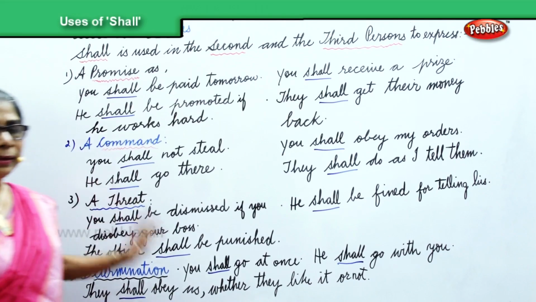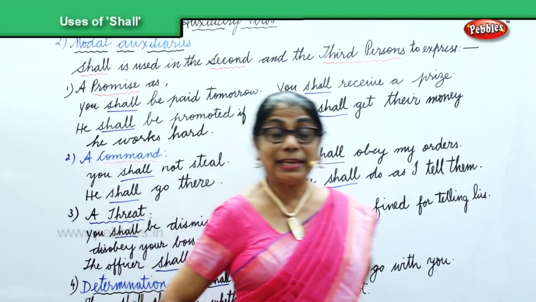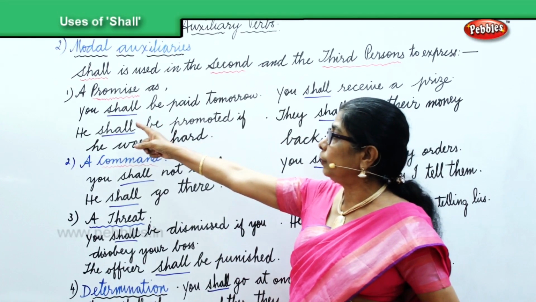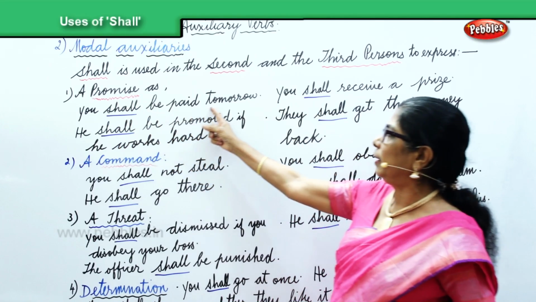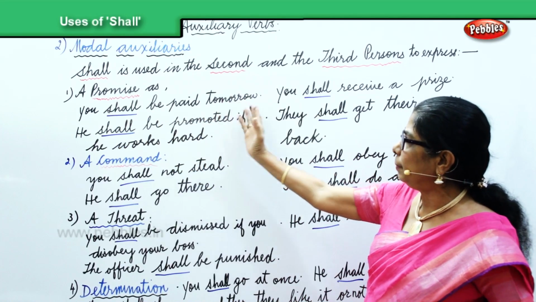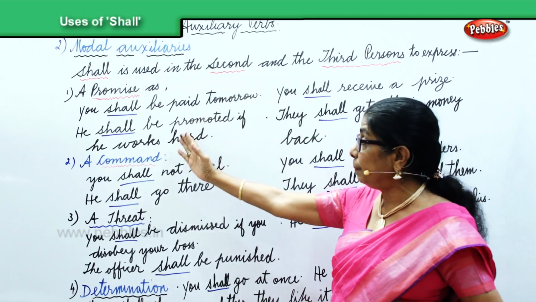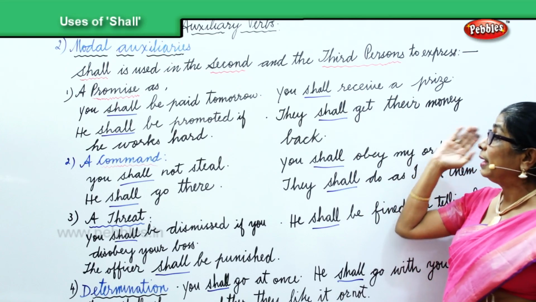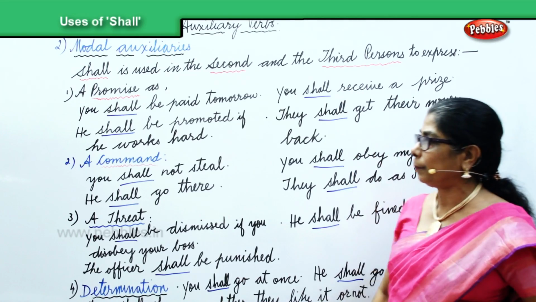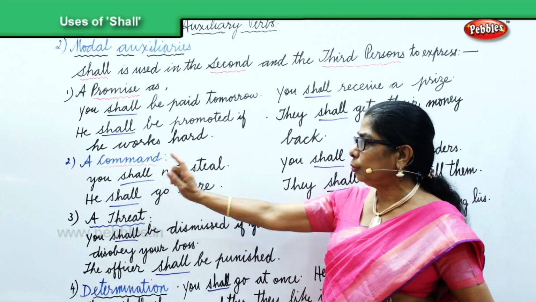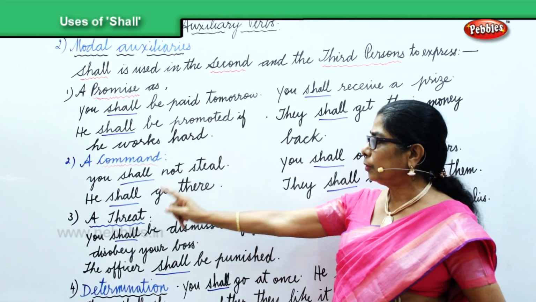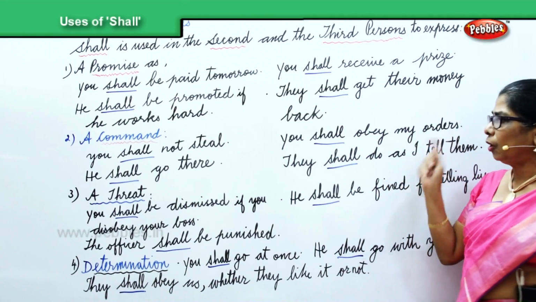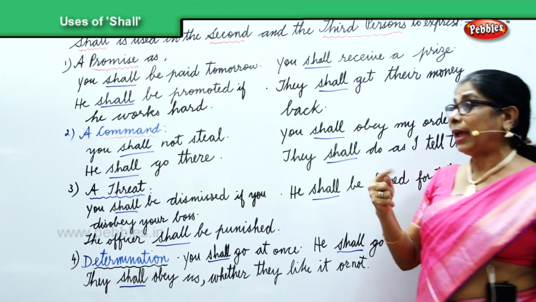As a promise, you shall be paid tomorrow. He shall be promoted if he works hard. You shall receive a prize. They shall get their money back. Commanding someone, you shall not steal. He shall go there. You shall obey my order. They shall do as I say.